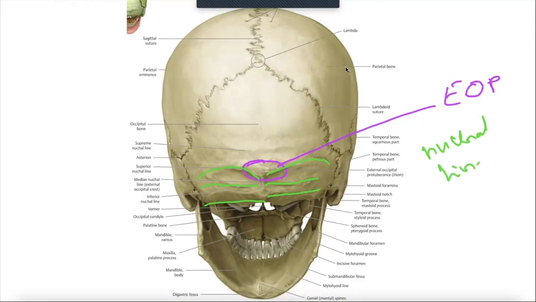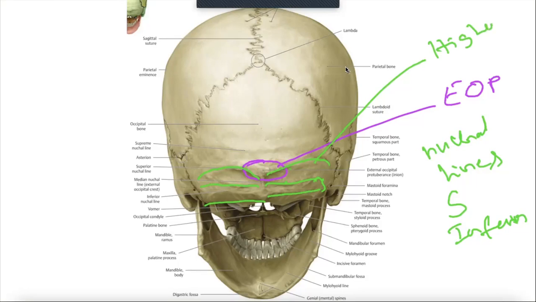Usually the highest one is called the superior nuchal line, and 2.5 centimeters below it is the inferior nuchal line. Sometimes 1 centimeter above the superior nuchal lines there is the highest or supreme nuchal line. That is the point: superior nuchal line, inferior nuchal line, and sometimes the highest or supreme nuchal line.